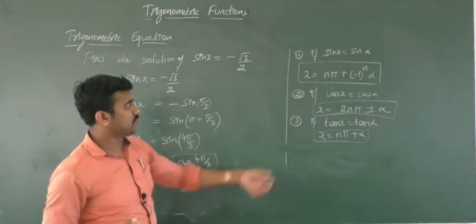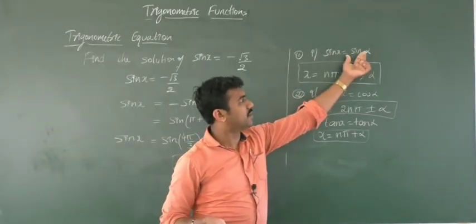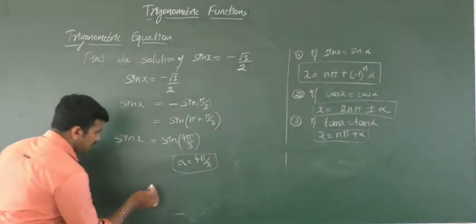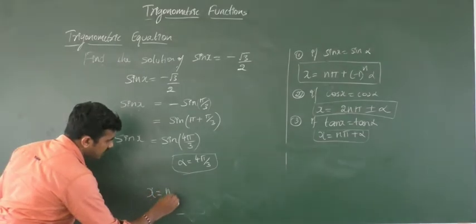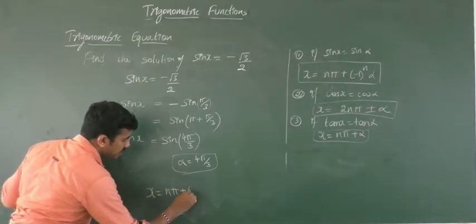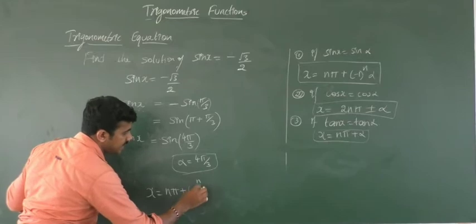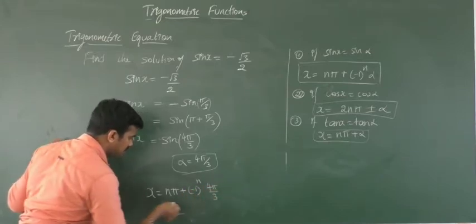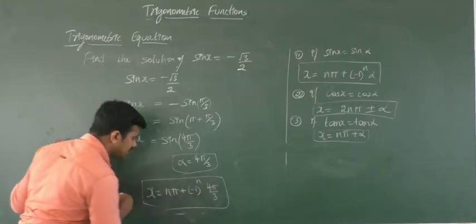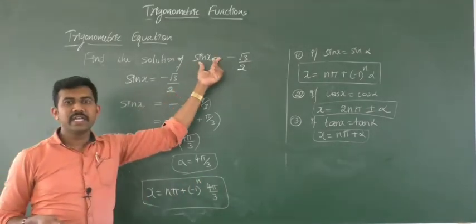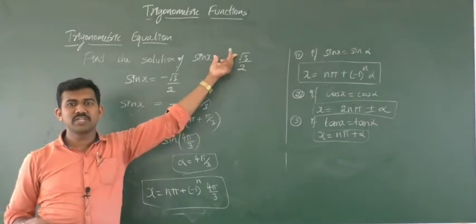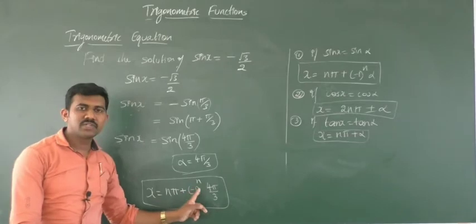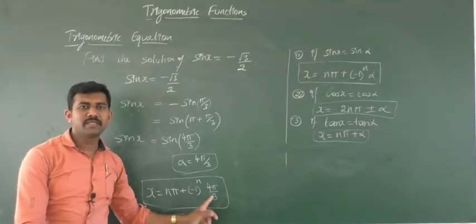Now you can observe, if sin x is equal to sin alpha, then the general solution is x is equal to n pi plus minus 1 to the power n into alpha. Alpha is nothing but 4 pi by 3. So we can say the general solution of the given trigonometric equation sin x is equal to minus root 3 by 2 is x is equal to n pi plus minus 1 to the power n into 4 pi by 3.